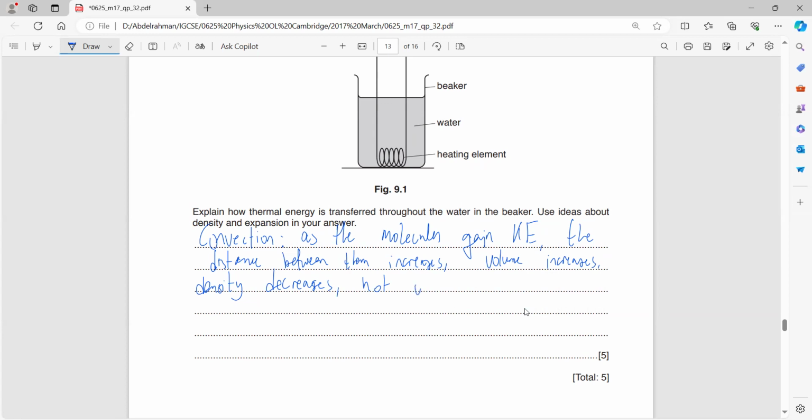In this example, hot water moves up, and the cold water falls down or moves down. Cold water moves down. You have to state the cold molecules, the hot molecules.